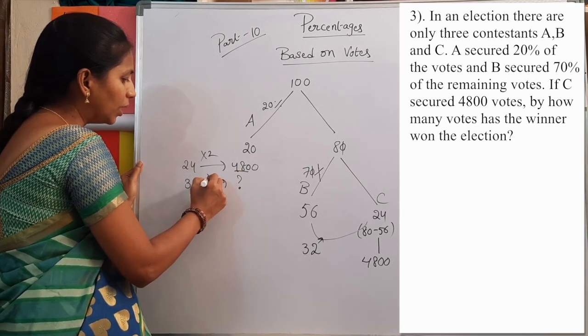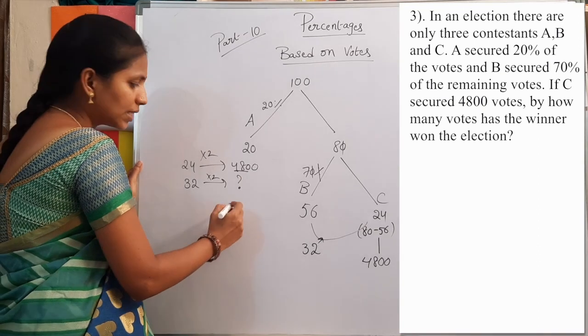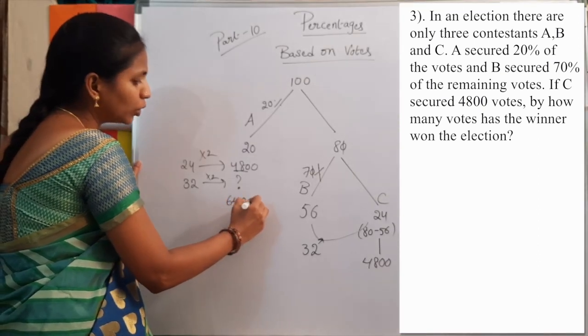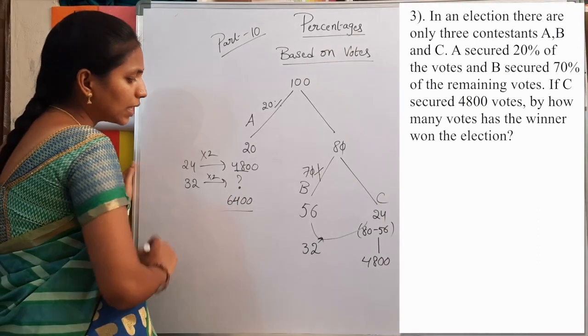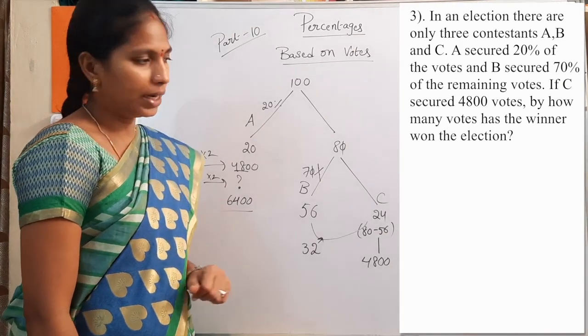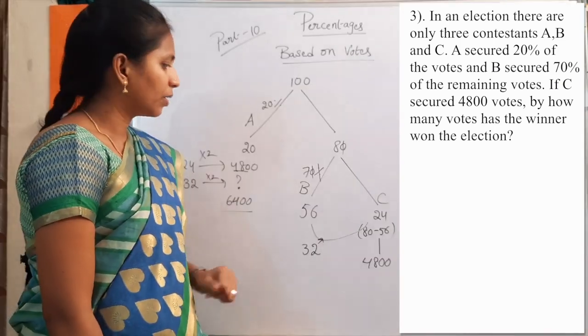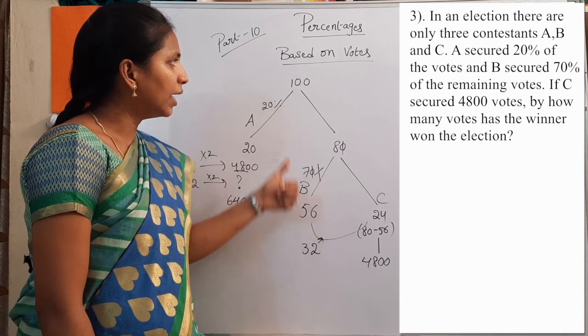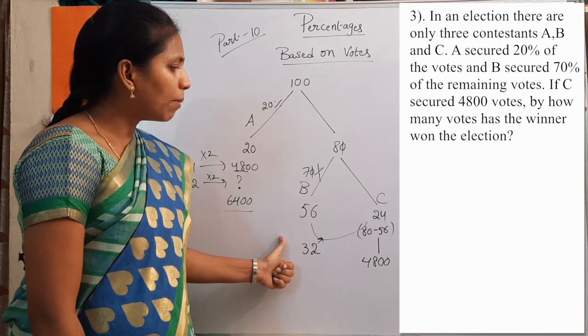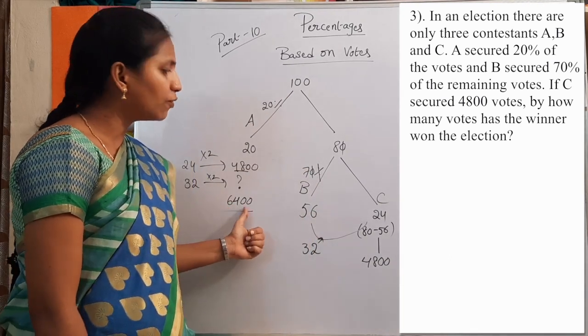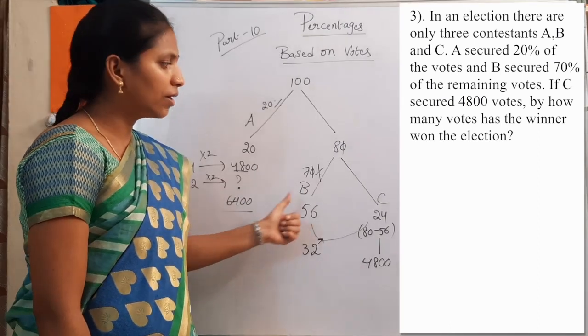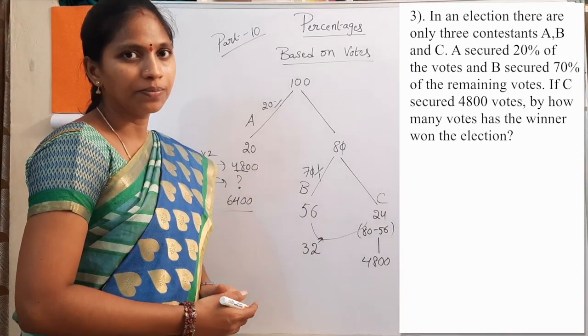Here 32 into 2 means 64. Put 2 zeros, so the result is 6400. Okay, B won this election by a majority of 6400 votes when compared to C.